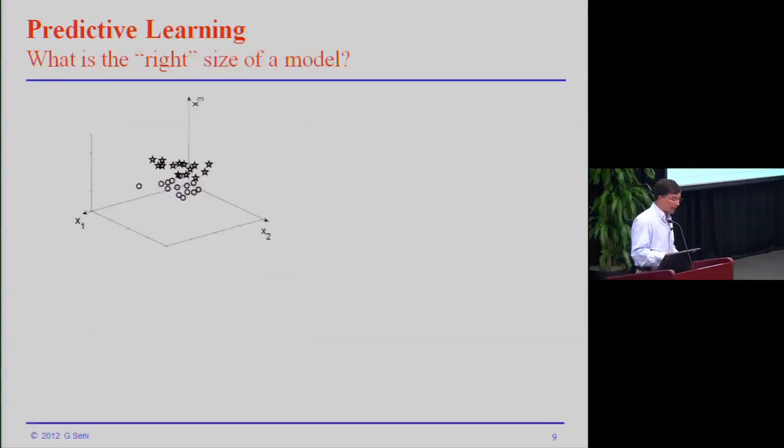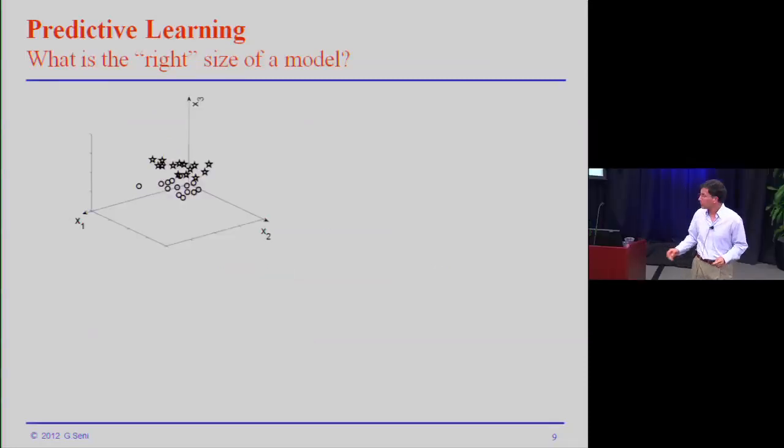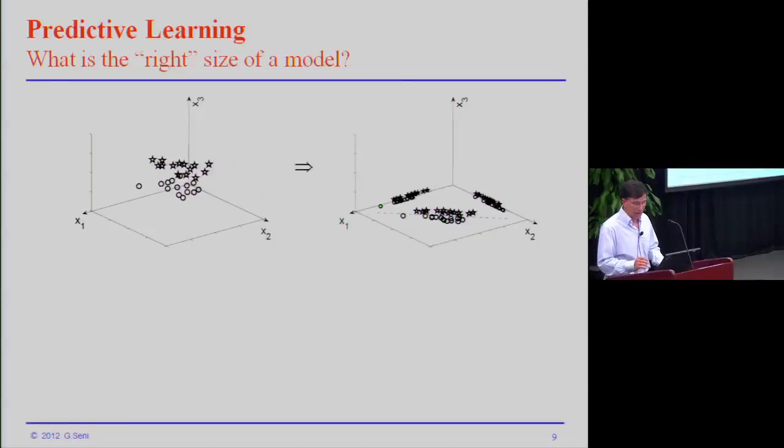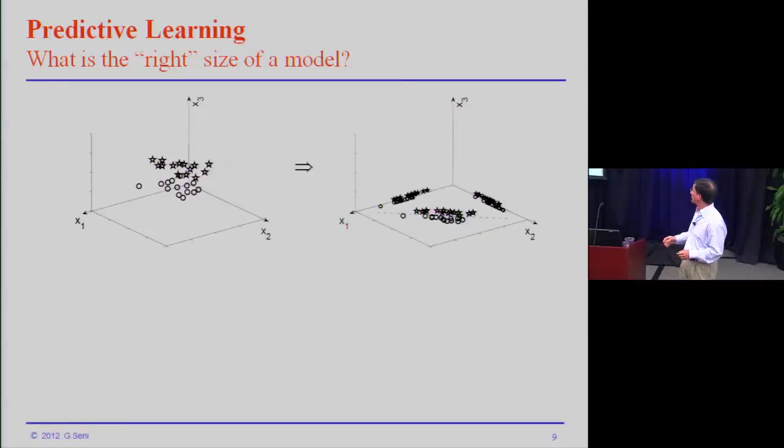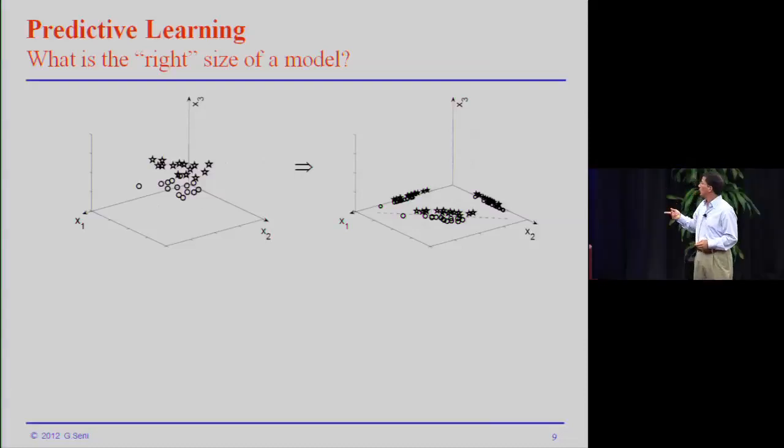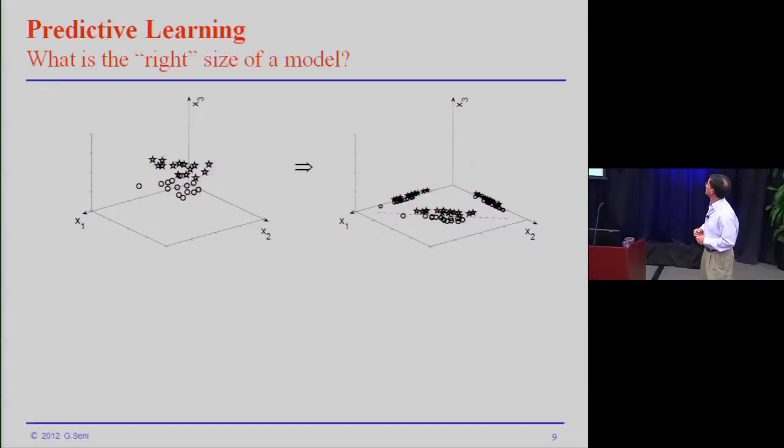So consider next, by way of motivation, the problem of fitting a linear classifier to these two-class data, using either one variable, two variables, or three variables in this case. If we look at the projections, we see that a size 1 model, say the projection to x1 or the projection to x2, might do poorly.